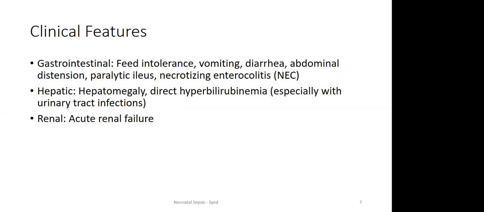Then what happened? Remember, these are all conjugated hyperbilirubinemia, or the other name is direct bilirubin. So these are all direct bilirubin or conjugated bilirubin. From the liver, they become urobilinogen and stercobilin.